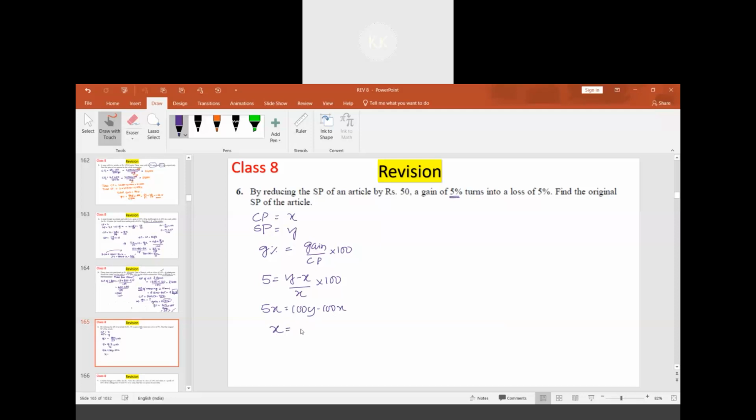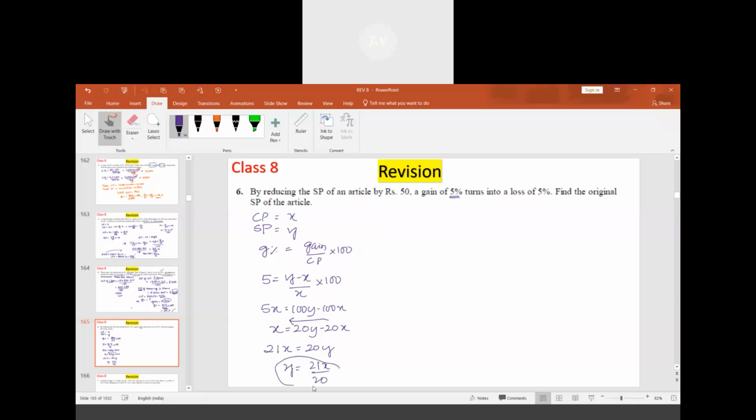We get 20y minus 20x. Transposing to the left hand side, we get 21x is equal to 20y. So y will be equal to 21x by 20. This is equation one.